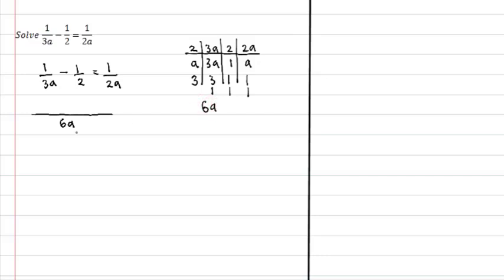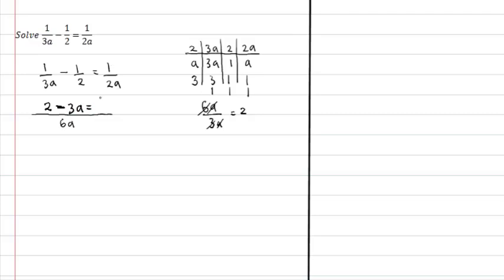So you can see now this is 6a. So 6a divided by 3a will give us 2. Minus 6a divided by 2 gives 3a... 6a divided by 2a will give us 3.